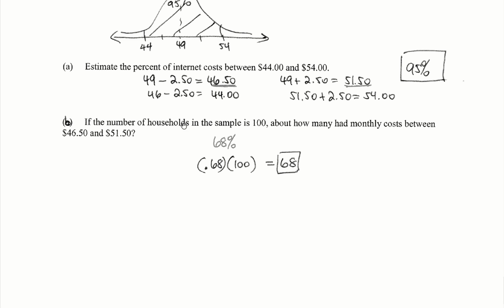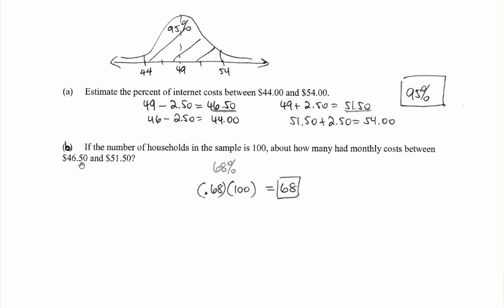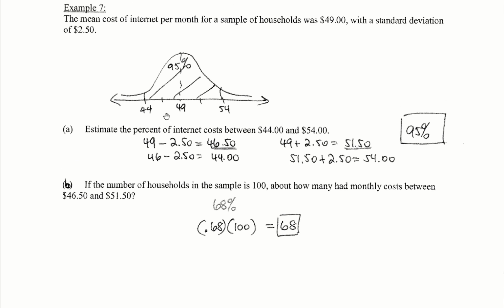Suppose we had a sample of size 100. About how many would have monthly cost between $46.50 and $51.50? If we come back up here, 49 minus 2.50 is 46.50, and 49 plus 2.50 would be 51.50.